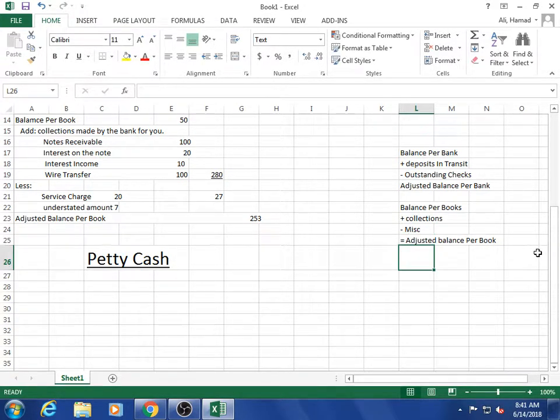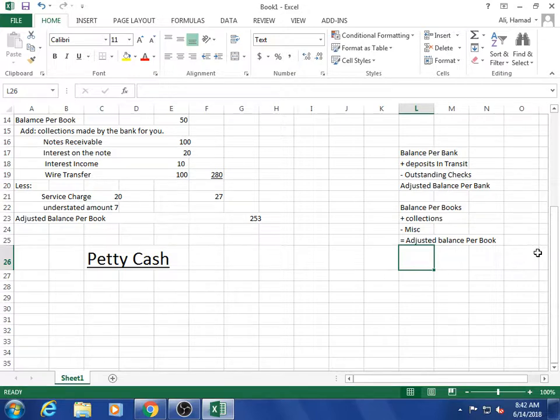So these two must be equal. The adjusted balance per bank must equal the adjusted balance per book. All right, that's the formula. So make sure you understand this formula.